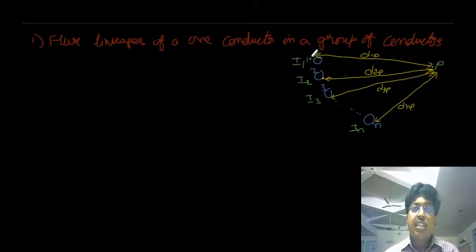The flux linkages of conductor 1 are due not only to the current flowing through conductor 1, that is I1, but due to all the currents in the individual conductors.